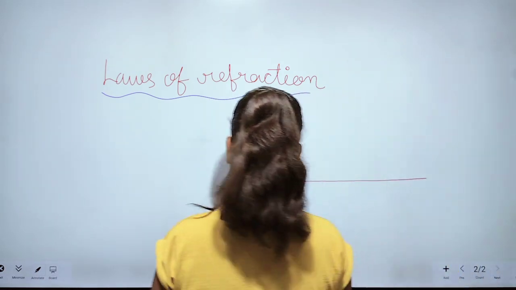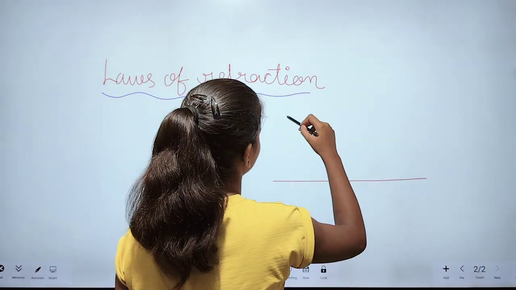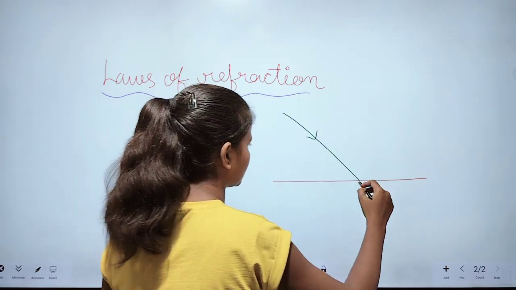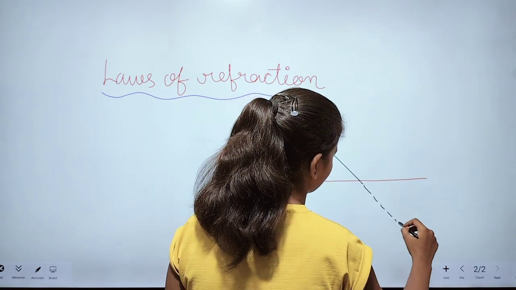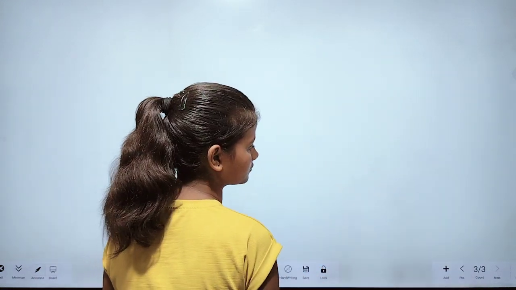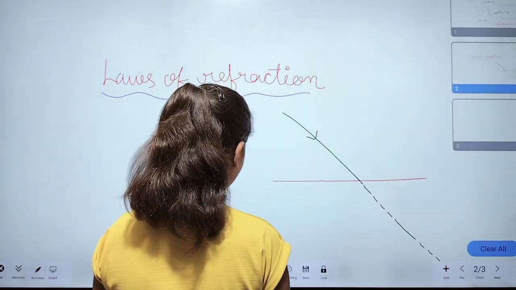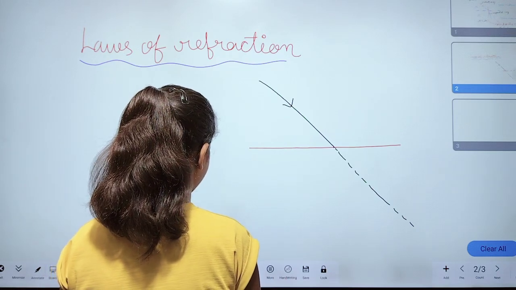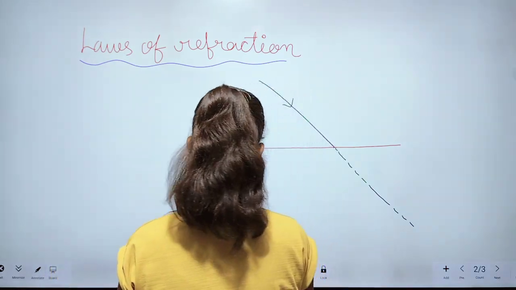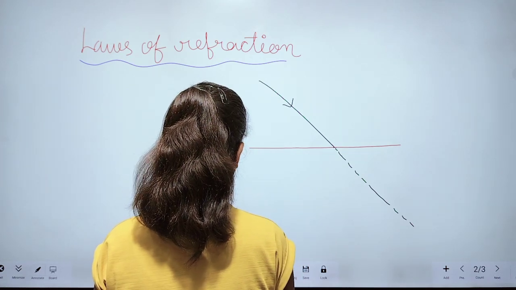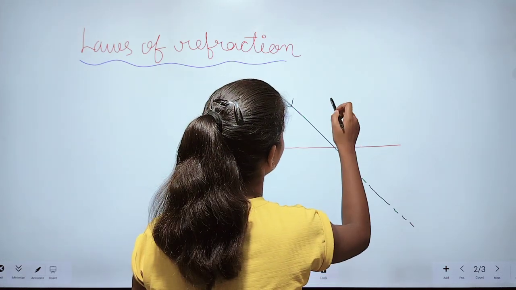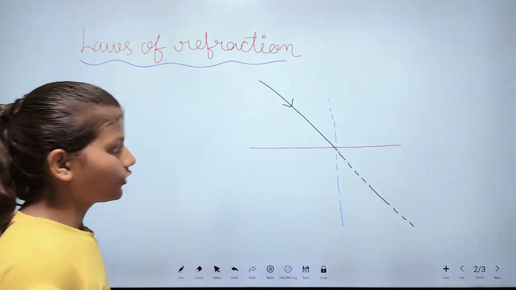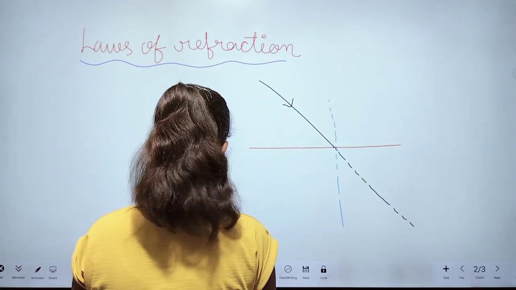This one is our incident ray. If there were only a surface, the rays would go as usual. This one is our normal to the point of incidence.